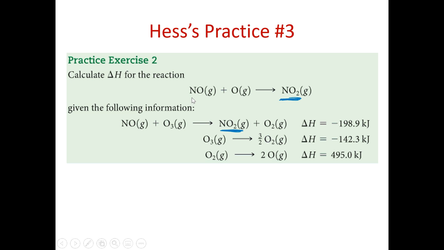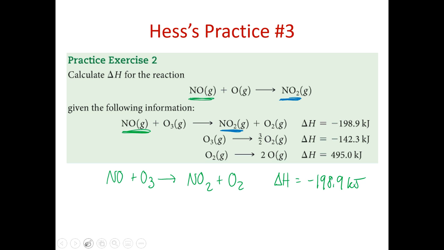And then I want to have one NO on the left. This reaction has one NO on the left. So I'm all set there. So I want to keep this first reaction as is. Let me maybe rewrite this one down here. So I've got NO plus O3 makes NO2 plus O2. So I'll leave that one as is.